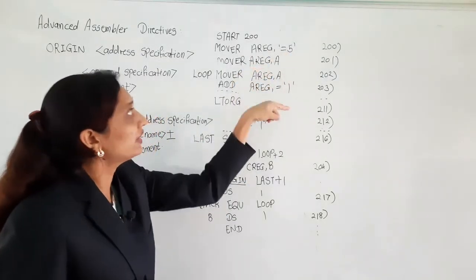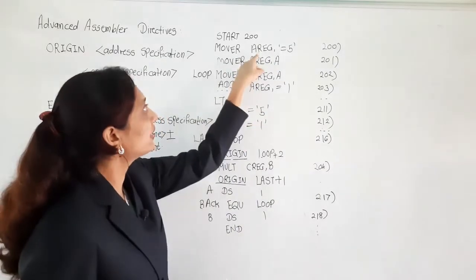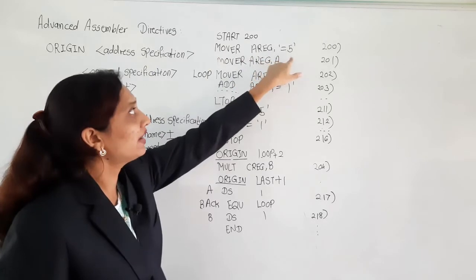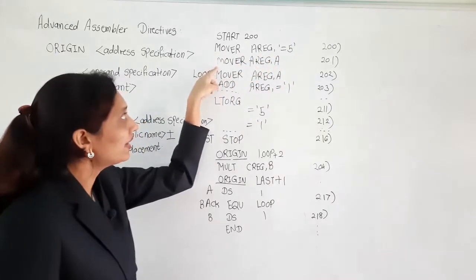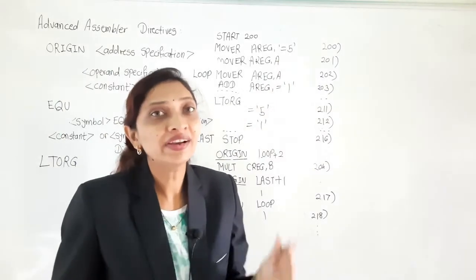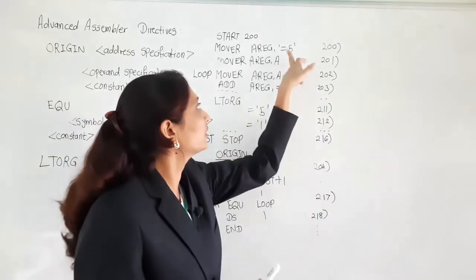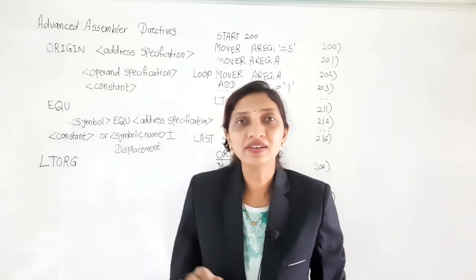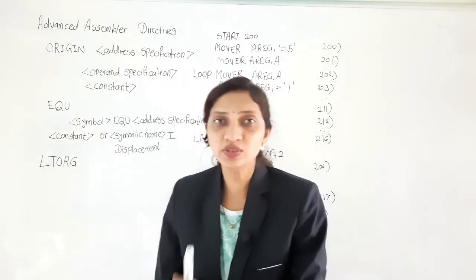Internally the translator translates this statement as MOVE AREG, =5, and =5 DC 5. In this way it creates a declarative statement for the literal, so the literal is handled internally by the language processor.